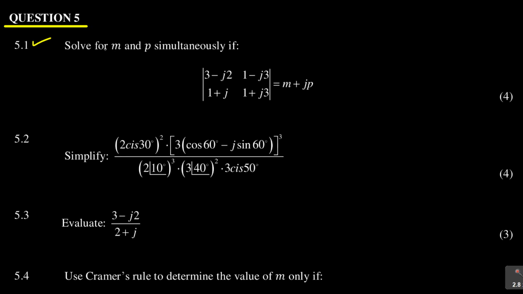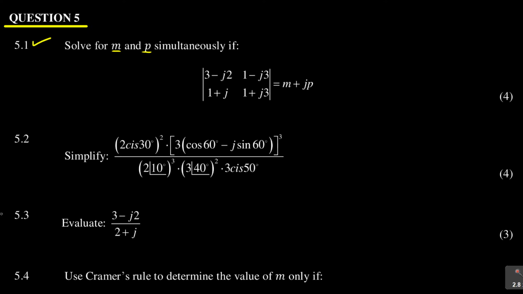It says solve for M and P simultaneously if, and then you are given that kind of a matrix. Let me write this and then take it to the other side.